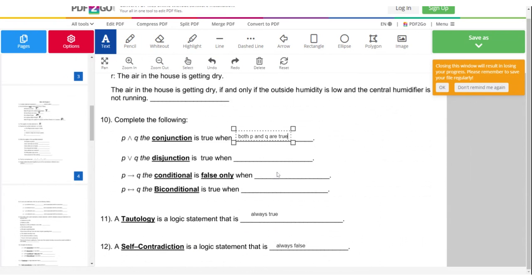Otherwise, it's false. The disjunction is true when either P or Q are true. The only time it's false is when both are false. The conditional is false only when P is true and Q is false.